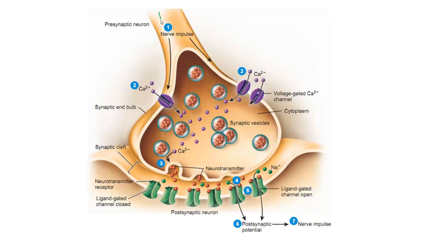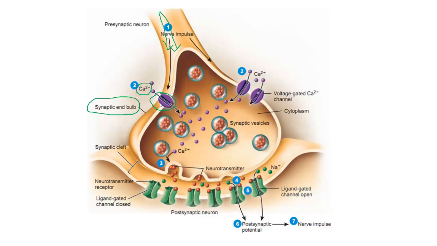So the reversal of charges travels down in this direction, reaches the synaptic end bulb, and this is where it triggers something. It triggers the opening of a transmembrane protein, which is also an ion gate. But it's not an ion gate for sodium or potassium. It is an ion gate for calcium ions.